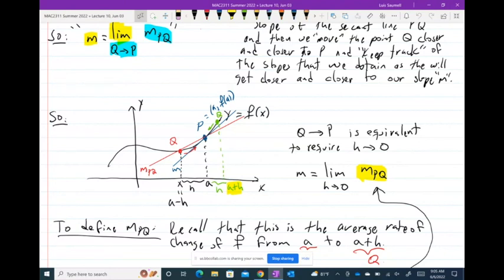So on the x-axis, if Q is on this side, then this H here, distance is always positive. H here really represents the distance, but when you take the limit as H approaches 0, because you want to get close to A, that means we want to make this distance as small as possible. When this distance goes to 0, then your point is close to A.